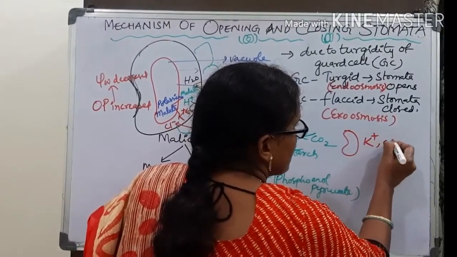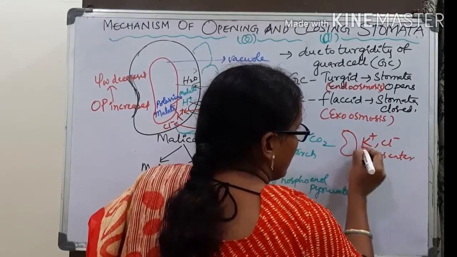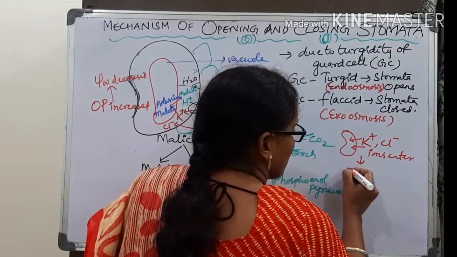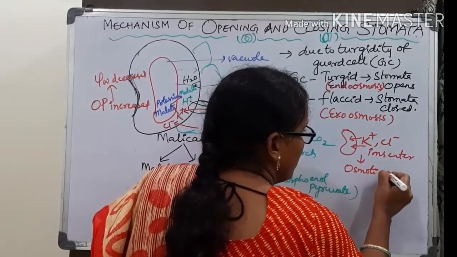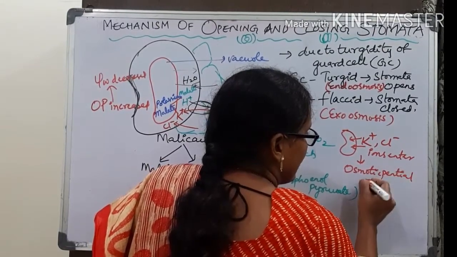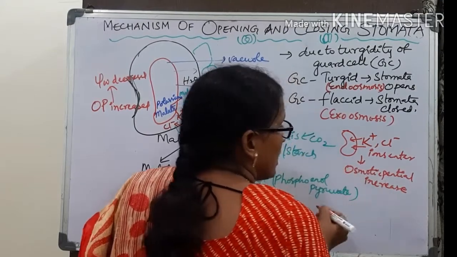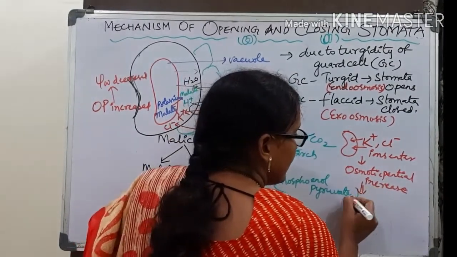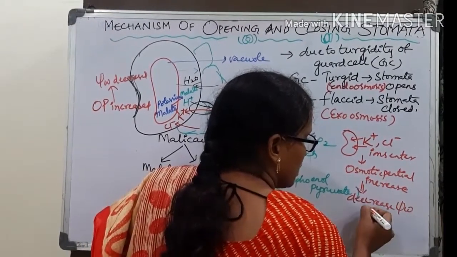K plus and Cl minus ions enter. They entered in the cells. So they cause the osmotic potential to increase, and a decrease in water potential.